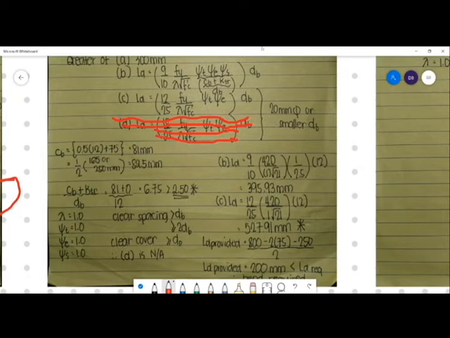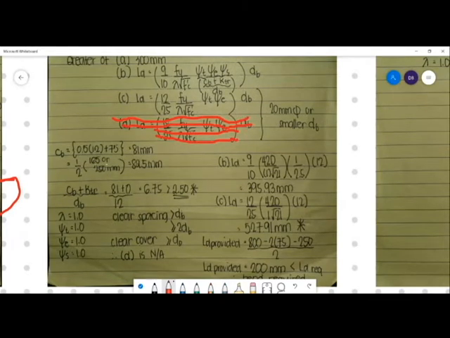So let's solve for letter B first. We have Cb is equal to 0.5 times 12 plus 75, which is equal to 81. So the lesser, the lowest, from reinforcement to the nearest concrete surface. Next, 1/2 of the spacing, 165 over 2 or 250.